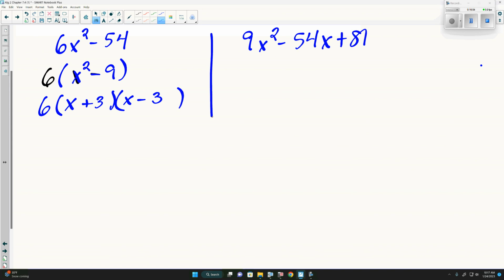9x squared minus 54x plus 81. Greatest common factor of 9, which will give us x squared minus 6x plus 9.